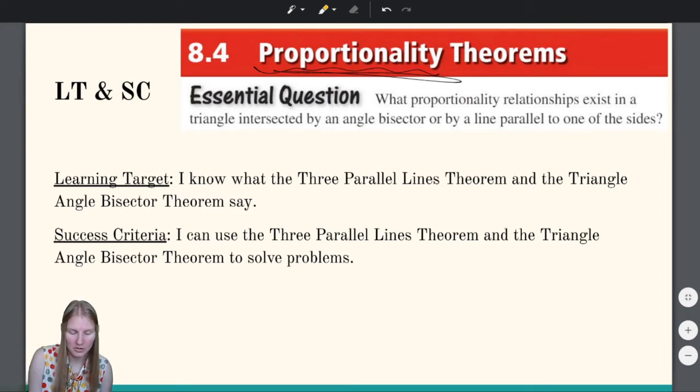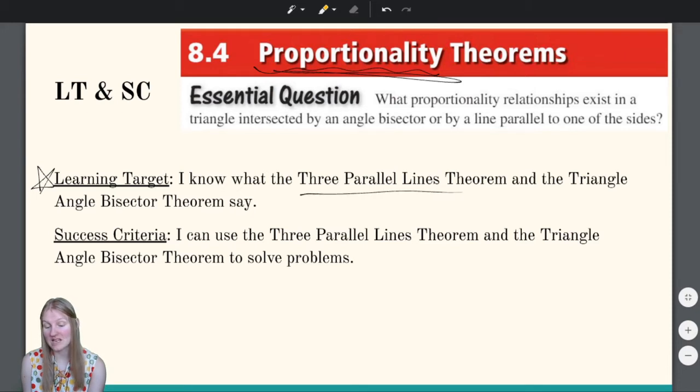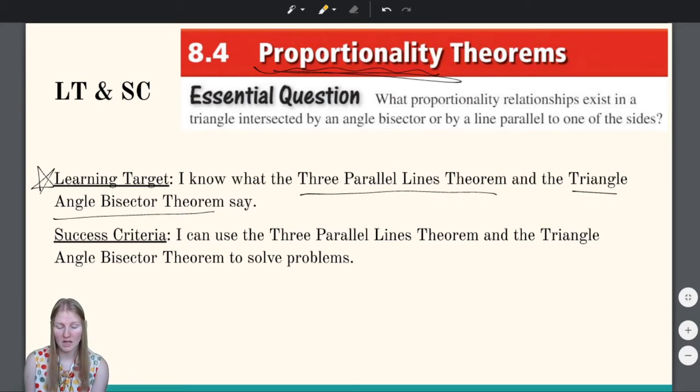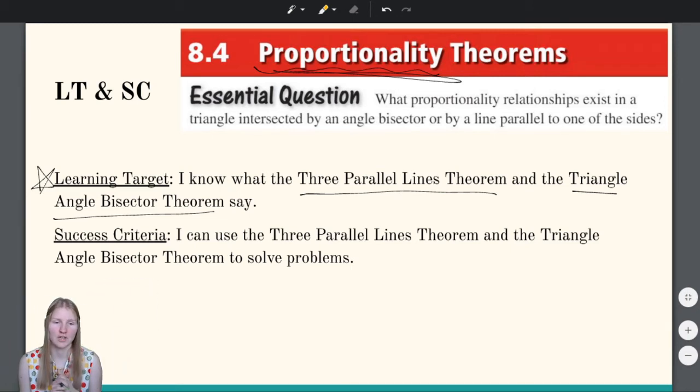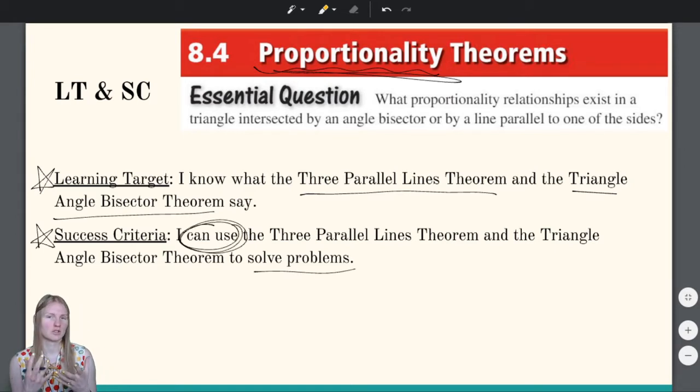So our learning target is that you know what the Three Parallel Lines Theorem and the Triangle Angle Bisector Theorem say. So two theorems that we need to know and understand. Our success criteria is to be able to use these theorems to solve problems.